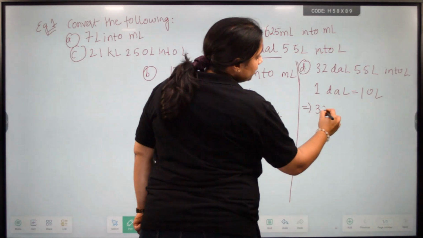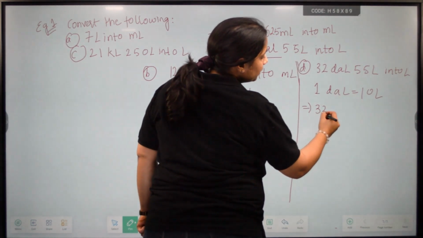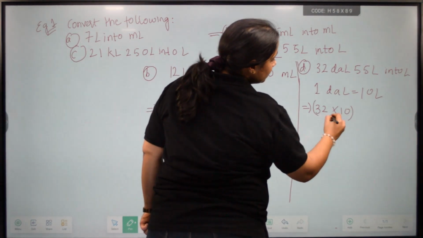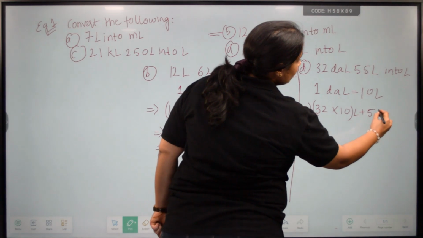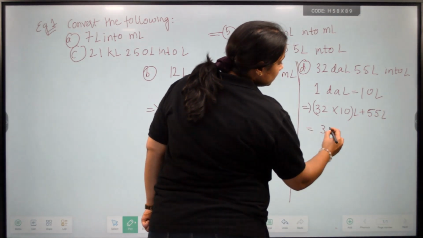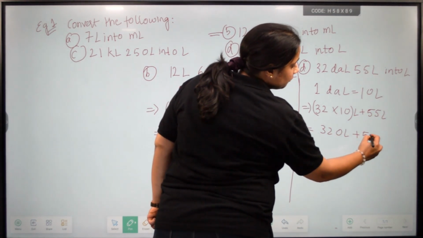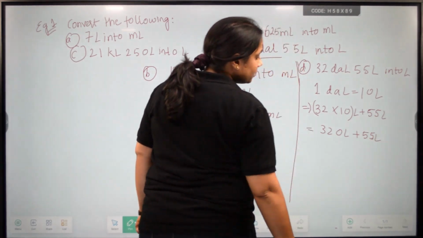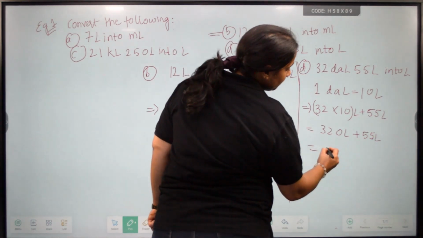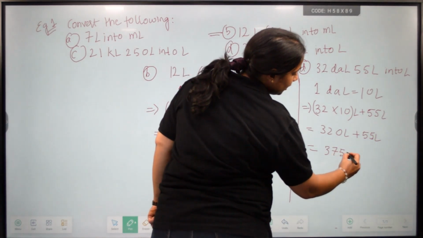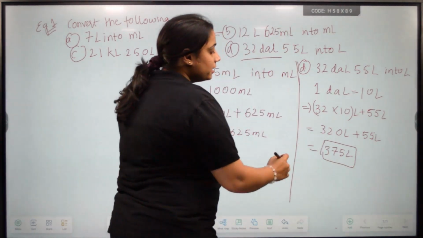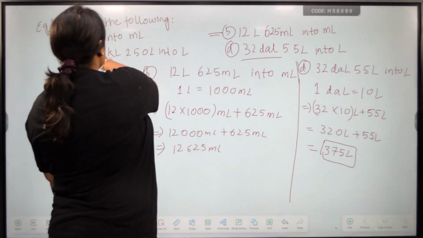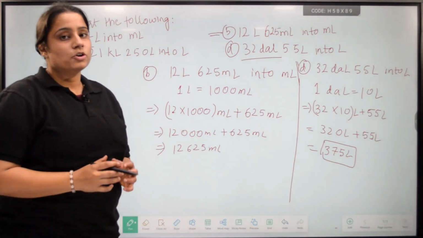Hence 32 decaliter will be 32 into 10 liters plus 55 liters. It will be 320 liter plus 55 liter. So it will become 375 liters. In the similar way, you can do part A and part C on your own.